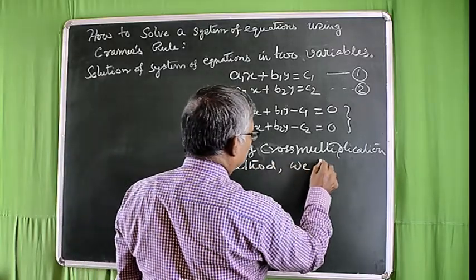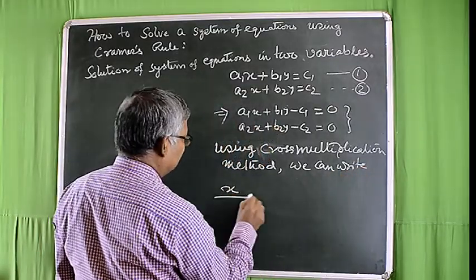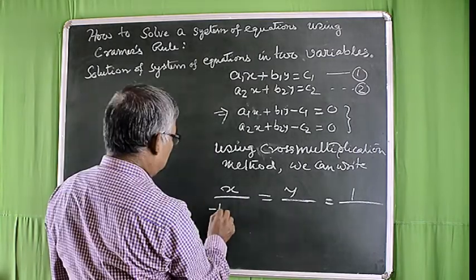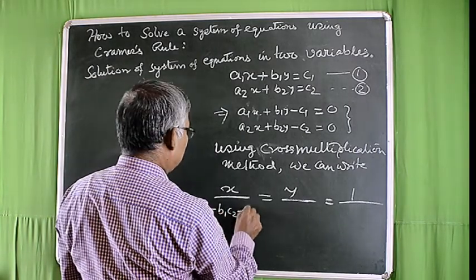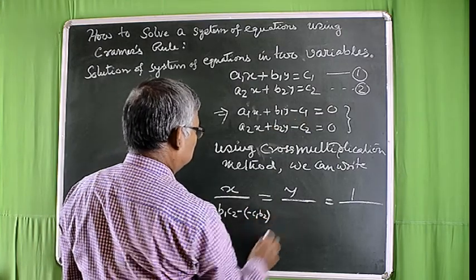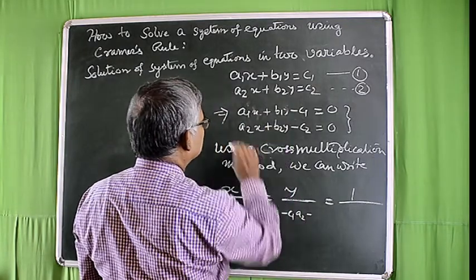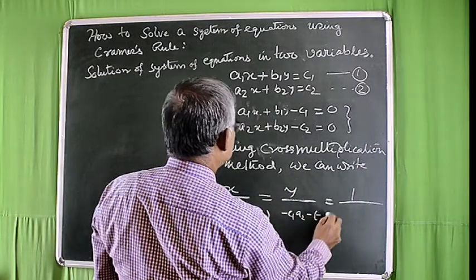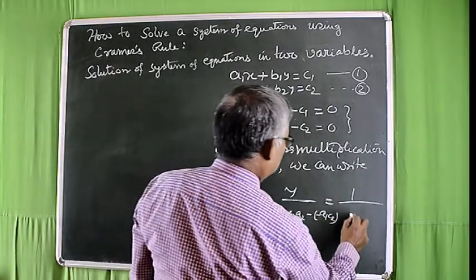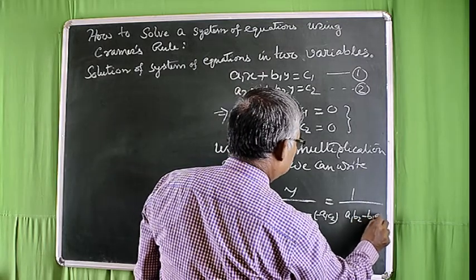we can write x by, y by, 1 by minus b1 c2 minus of minus c1 b2, minus c1 a2 minus a1 c2, and 1 by a1 b2 minus b1 a2.